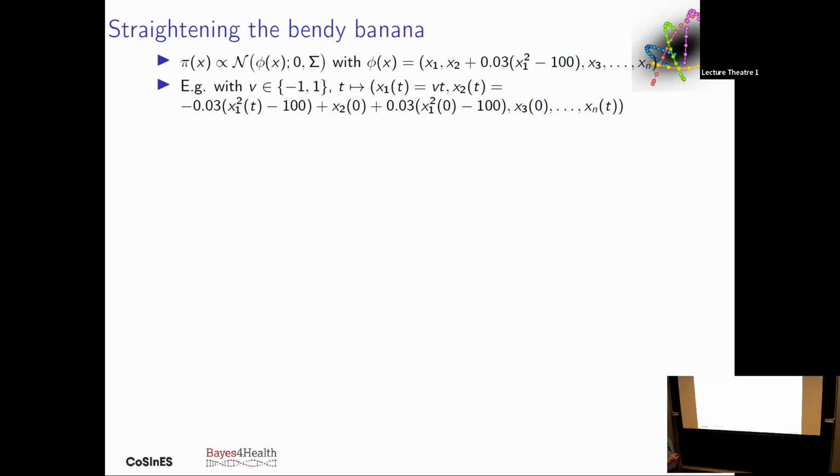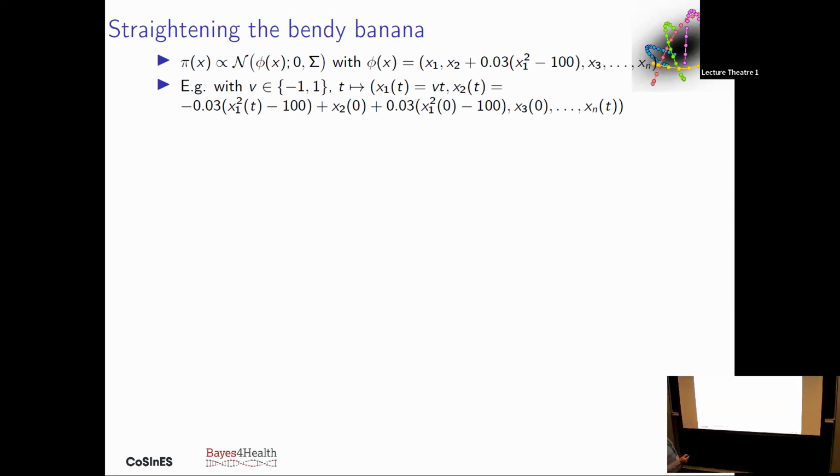So let's define a velocity, which can only take two values, -1 and 1. It means I can go forward in time or backward in time. And x1 of t, you remember that was the horizontal component, I'm just going to move at constant velocity, either forward or backward.